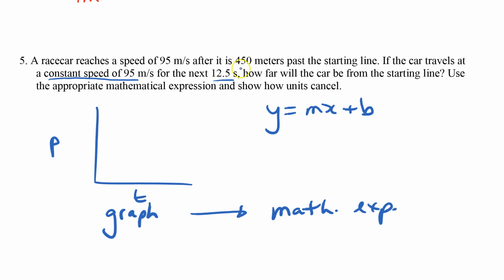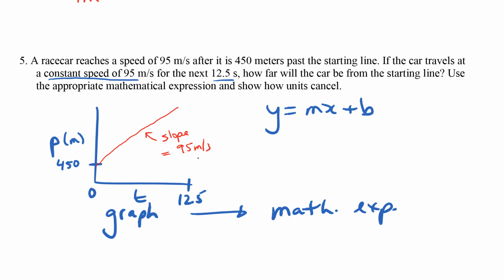And it says I'm going to start at 450 meters. So I'm starting here at 450 meters. And I'm going to start at time 0, and I'm going to go for 12.5 seconds. And where will I fit this constant speed of 95? Well, I'm going to be moving in the positive direction, so this will have a slope of 95 meters per second.